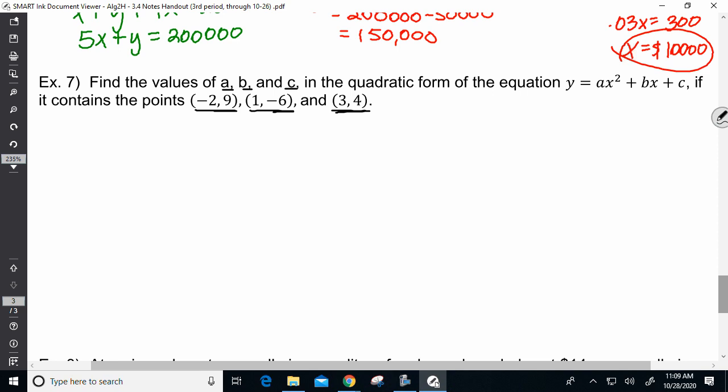Let me show you how to do it. So (-2, 9). -2 is an x value, 9 is a y value. We're going to put them into the formula that they gave us. y equals ax squared plus bx plus c. So that's 9 equals a times -2 squared plus b times -2 plus c.